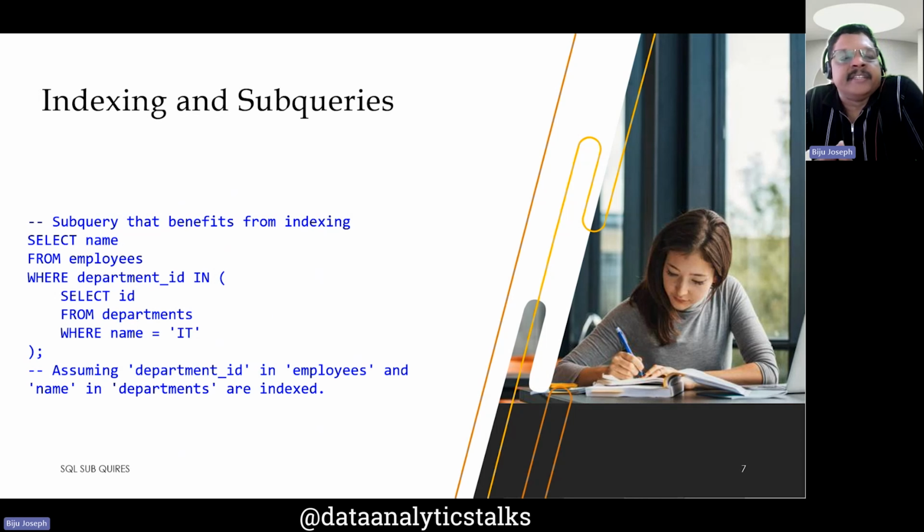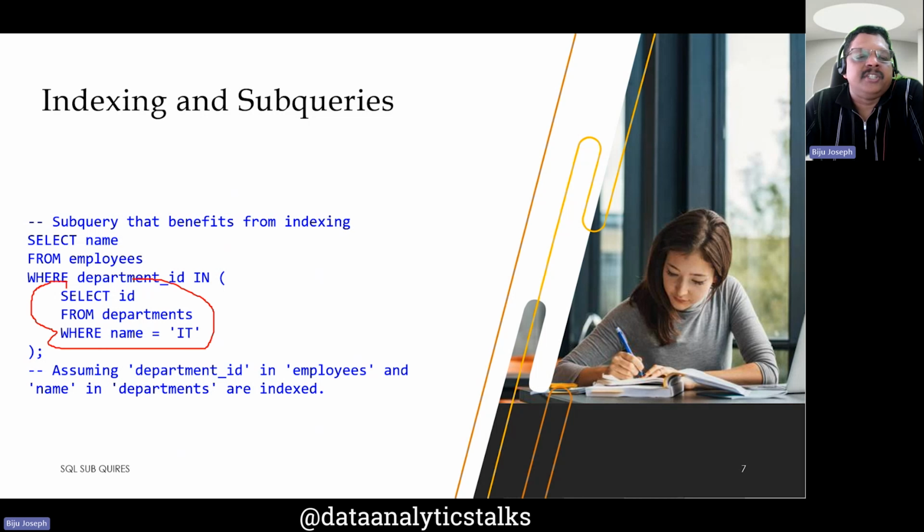Another optimizing technique is using indexing. Indexes can greatly improve the performance of subqueries by reducing the number of rows the database needs to scan. For instance, if you frequently filter by a column in a subquery, indexing that column can speed up the operation. In this example, we are selecting the name from the employee where department ID in a subquery where we select ID from the departments where name equals IT.